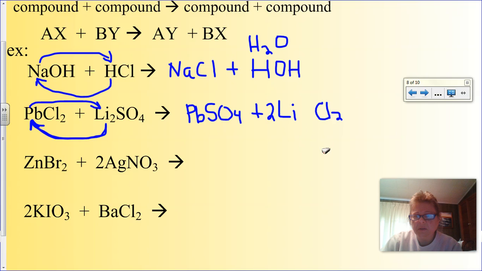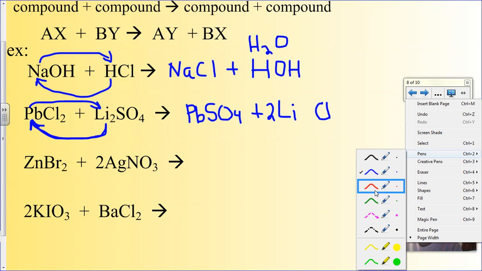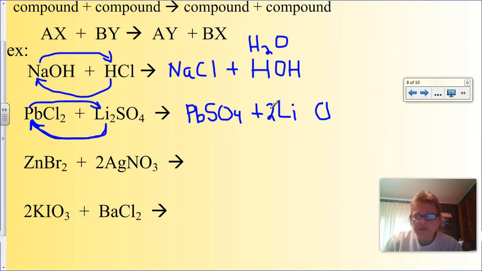Okay, so our compounds would be 2LiCl and PbSO4. Again, it doesn't matter whether you write the lithium chloride first or the lead sulfate second, as long as you have both compounds written.